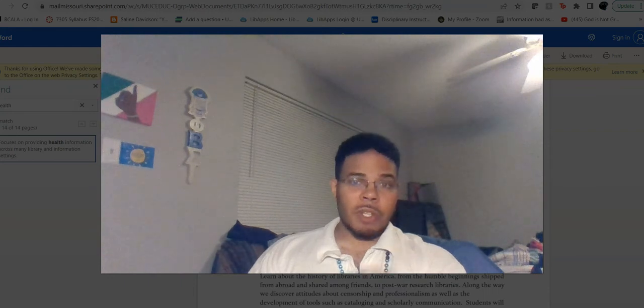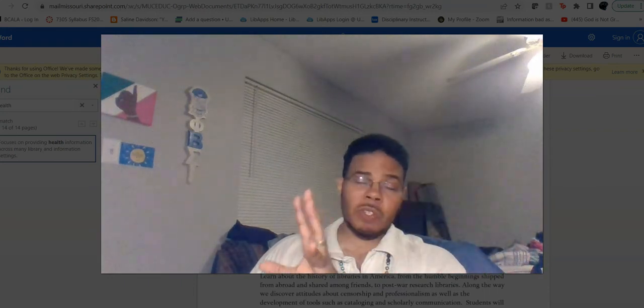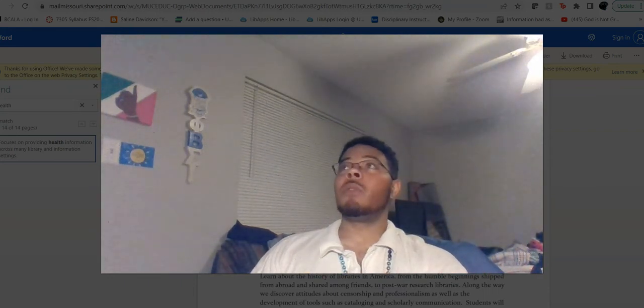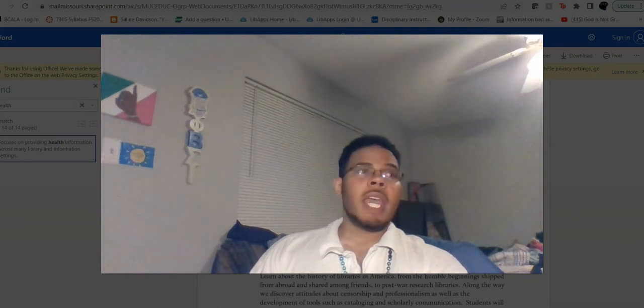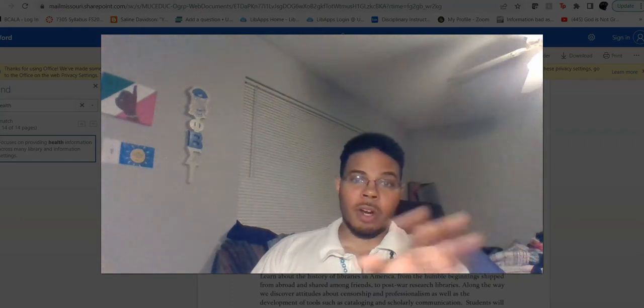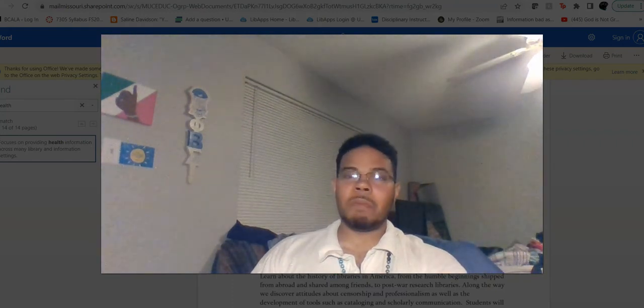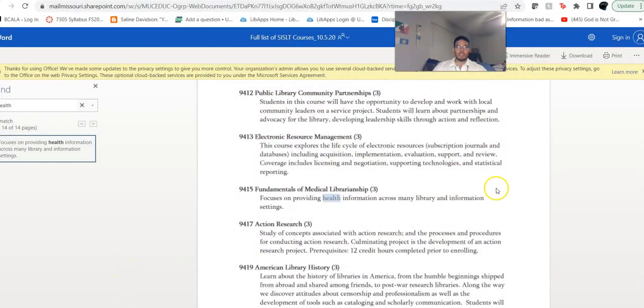And those two types of materials are health materials and business reference materials. However, those resources are things that you are going to want to be familiar with if you are planning to work reference in public services. And so I would say that if you are interested in working reference in public services, medical librarianship, which is 9415, is a class that you should be looking for, as it'll teach you the building blocks for going into health librarianship.